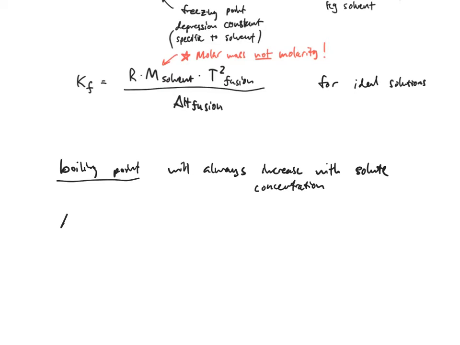Okay? Very similarly, the increase in the boiling point, or the change in the boiling point, is going to be equal to Kb, again, times the molality of the solute. But this Kb is called the boiling point elevation constant.